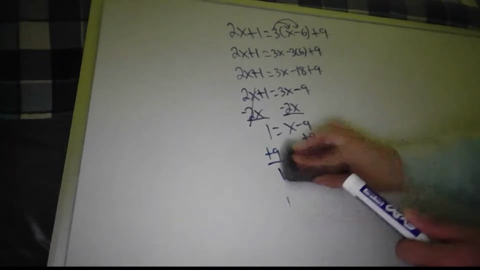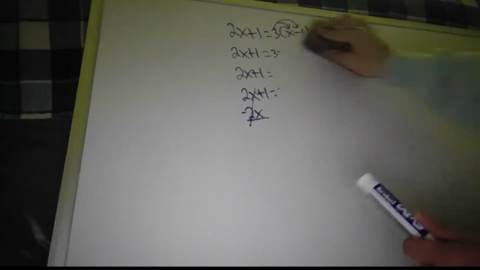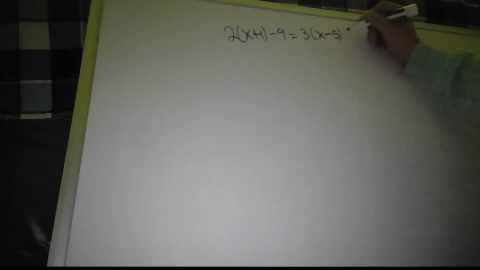Now, it's a little harder whenever they give you distributive property on both sides, but it's not that bad, you know? 2 times x plus 1 minus 9 equals 3 times x minus 5 plus 2, okay?